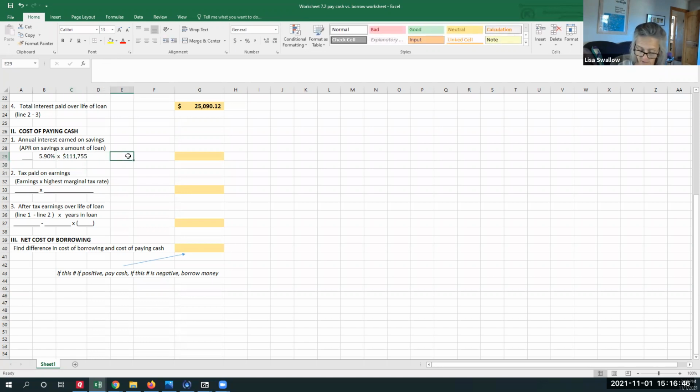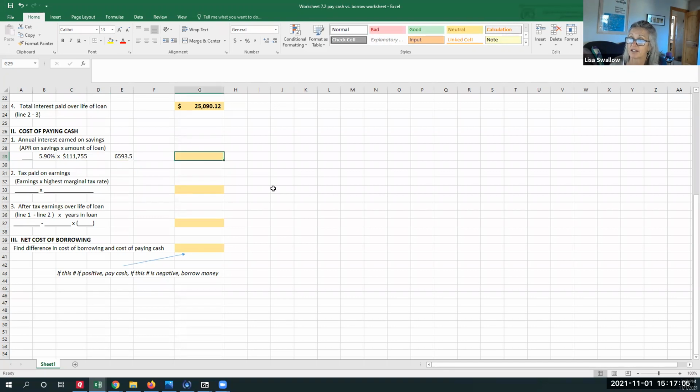So my annual interest is 0.059 times 111,755. So every year I'm going to lose $6,593.50 in interest, okay, for 1 year.